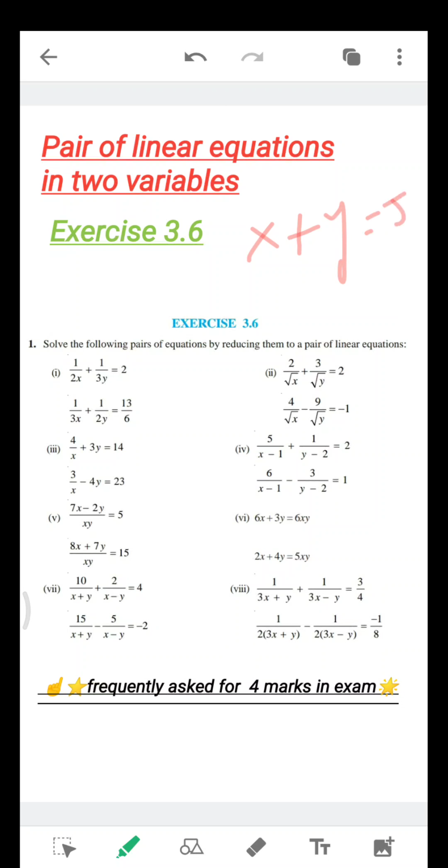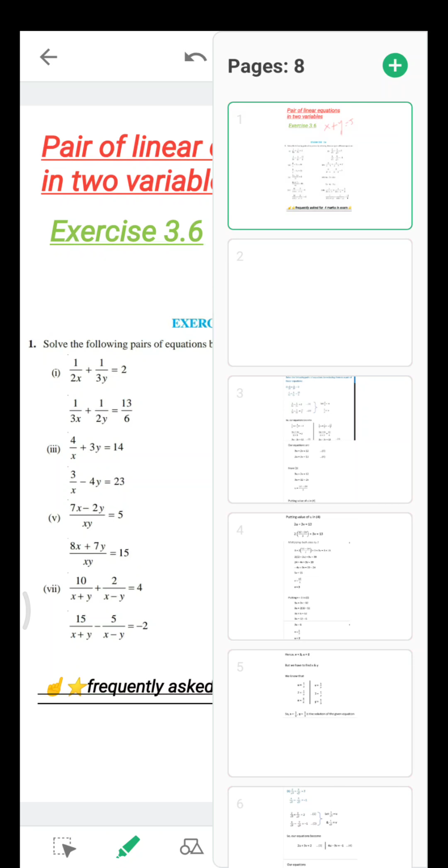But if variables are in the denominator, we can check in almost all except this one, all the questions have variables in the denominator. So we have to reduce them to a pair of linear equations first, then proceed with finding x and y values. So let's begin this exercise.